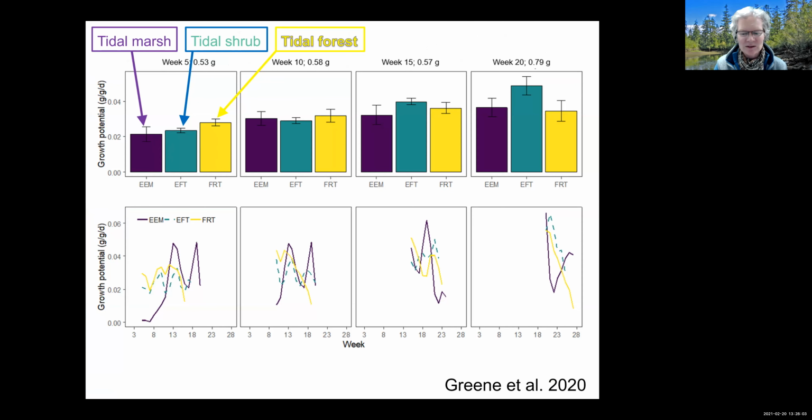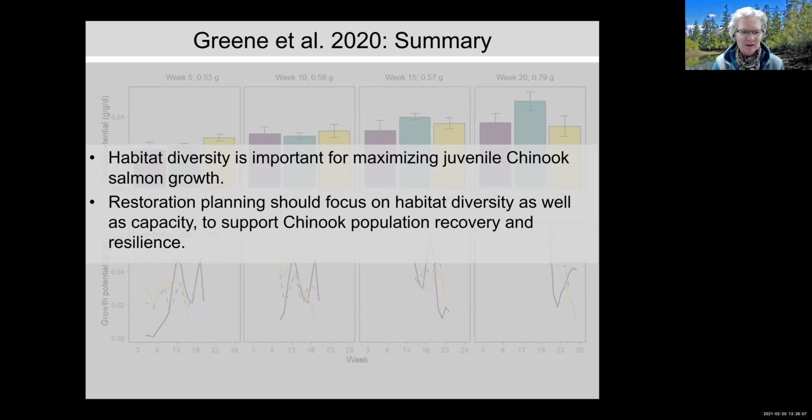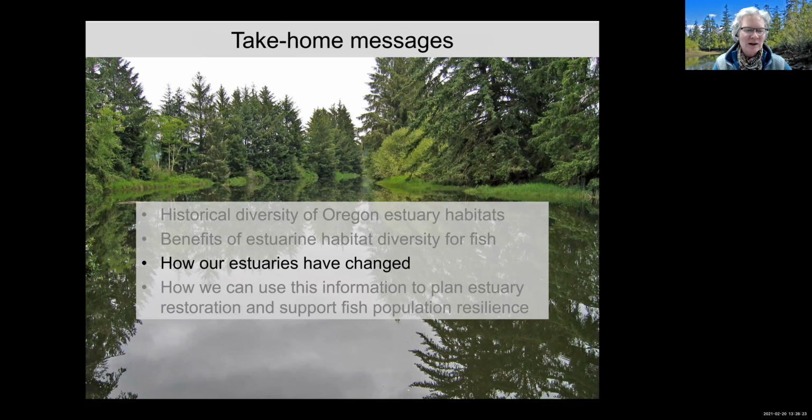So each of these habitats is important in different ways and at different times. And Green's team concluded that habitat diversity is important for maximizing growth potential of young salmon, and that we really need to focus in our restoration planning on habitat diversity as well as capacity to support fish population recovery and resilience.